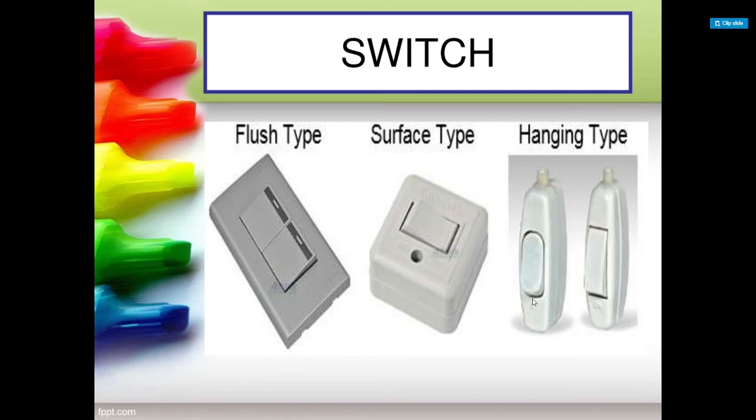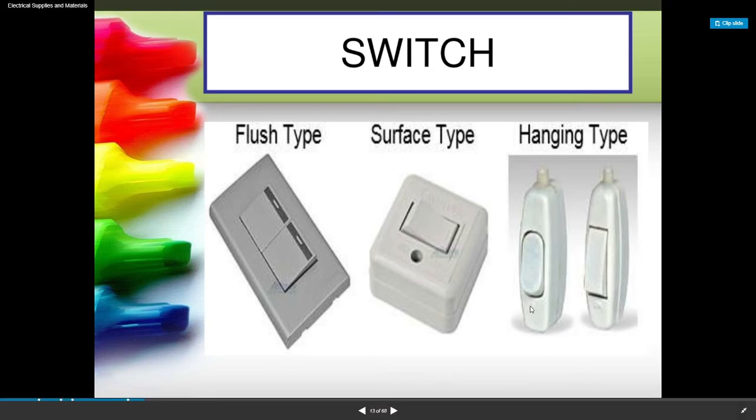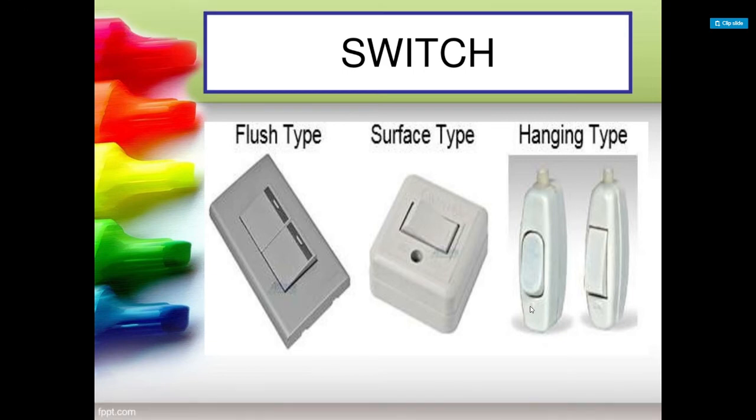And it is not included here, but you have also the rotary switch, just like your electric fan, or a remote control switch, right? Sometimes there are switches wherein you just need to clap your hand, and then the lamp will turn on or turn off. Or you can sound a whistle, and the lamp or the bulb will turn on or turn off.